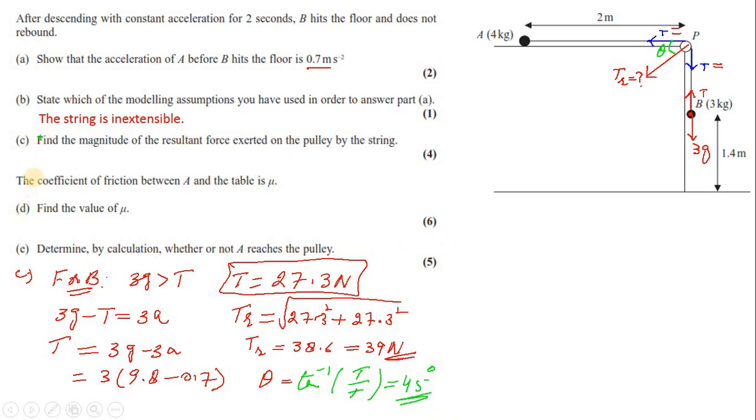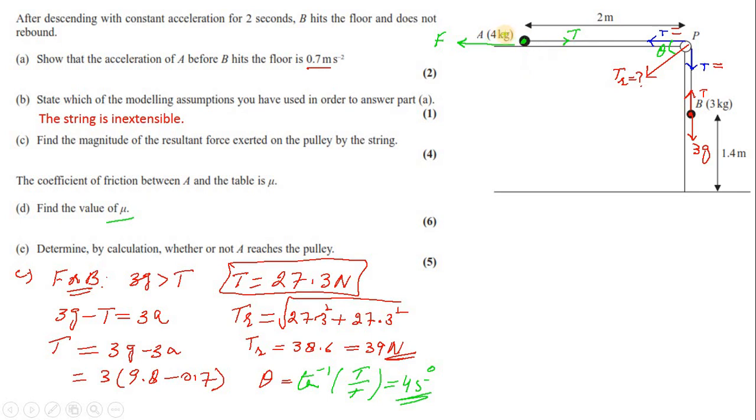Okay. The coefficient of friction between A and the table is mu. Find the value of mu. Now we consider the motion of particle A, which will be going rightward. For particle A, we have a friction F acting leftward, and because it is accelerating rightward with 0.7 because of the tension force, tension will be acting rightward.